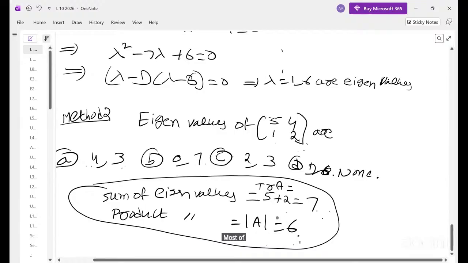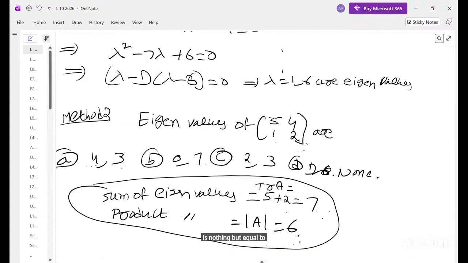Most of the students, intelligent students, what they will think is, this is 4 plus 3, 7. So the sum of eigenvalues is equal to trace. Satisfied or not? Yes, satisfied. So they will answer the first option as the right option. Intelligent students, when you add, you are getting trace, so immediately they will jump and conclude.